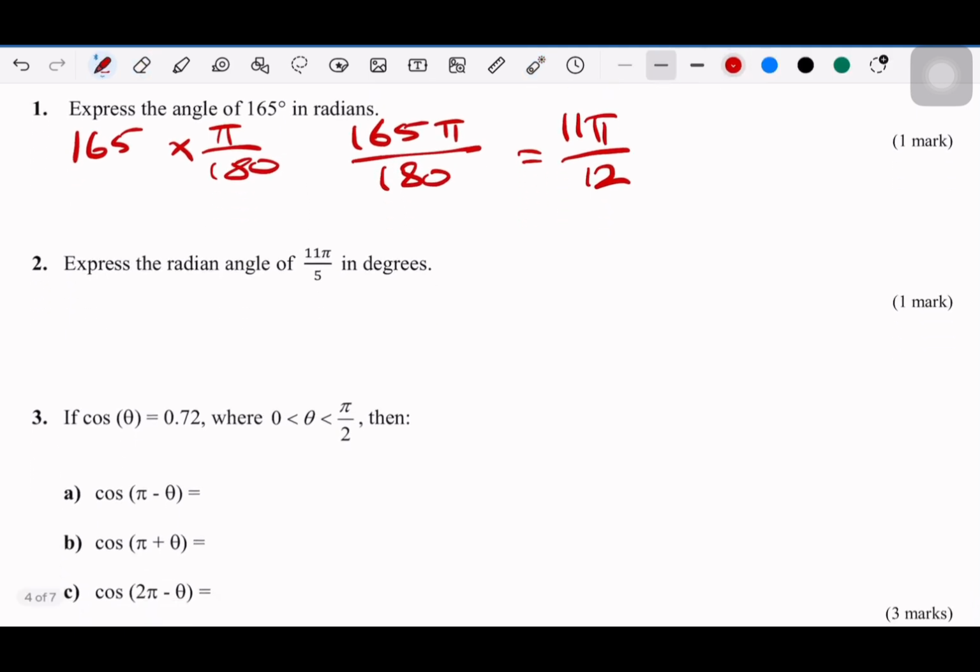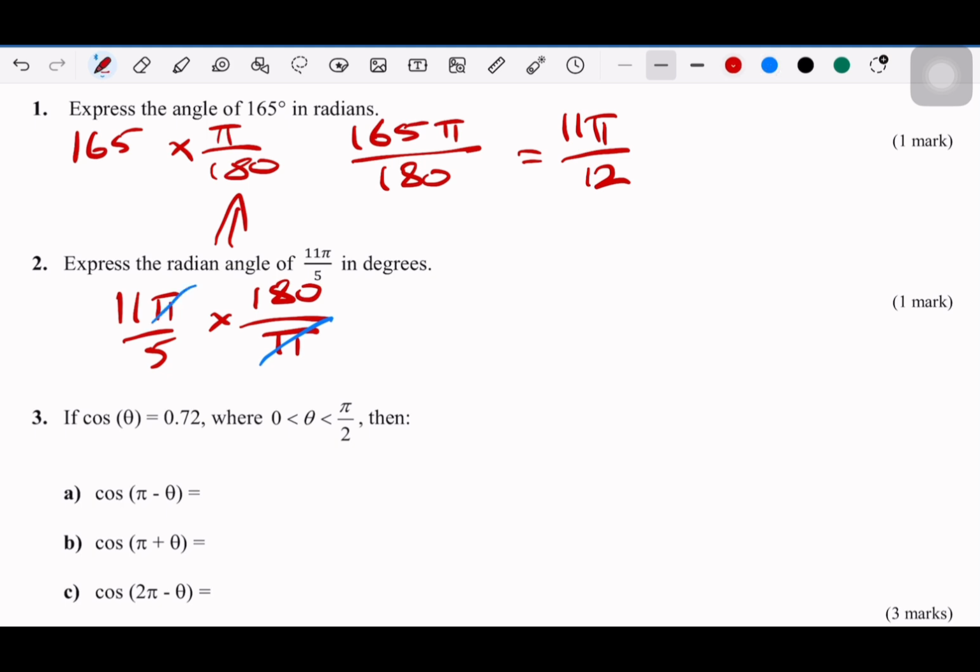This question asks us the opposite. So we're converting this angle of radians into degrees. And so just like the formula up above, it's going to be flipped around. So 11 pi over 5 times 180 over pi. And the pi's cancel.